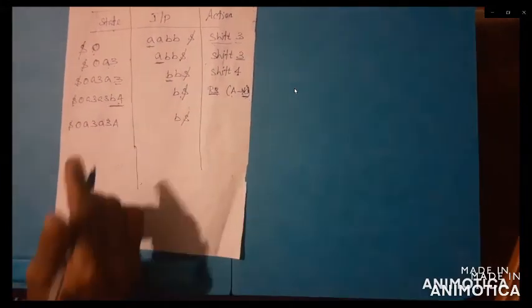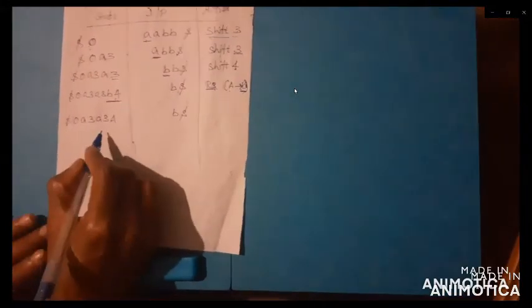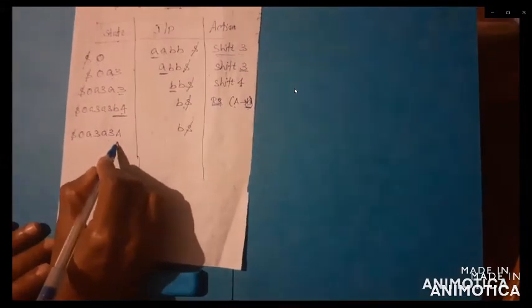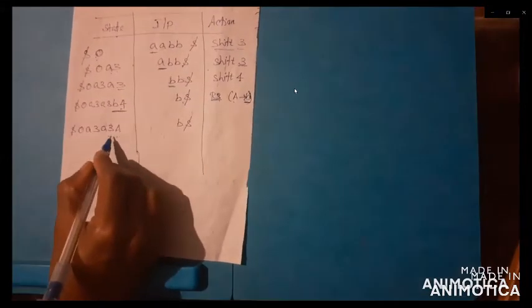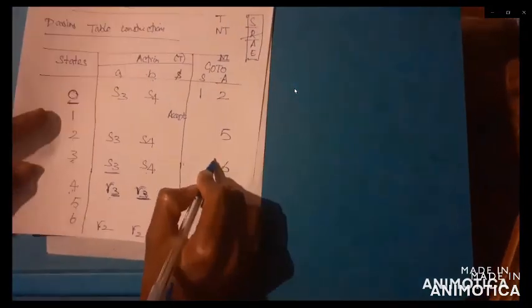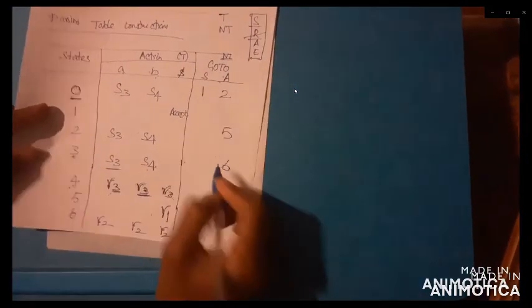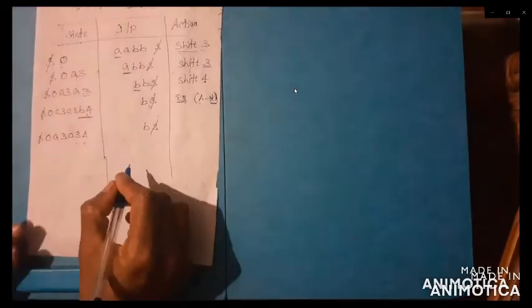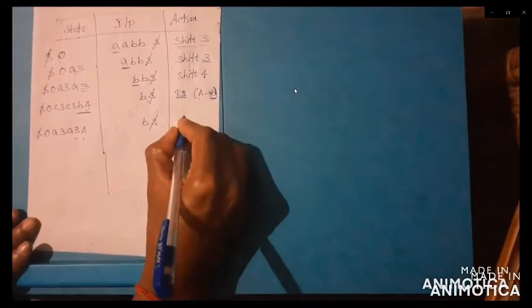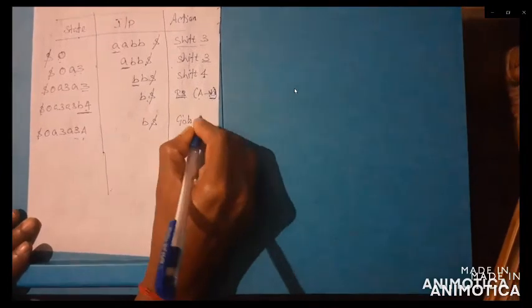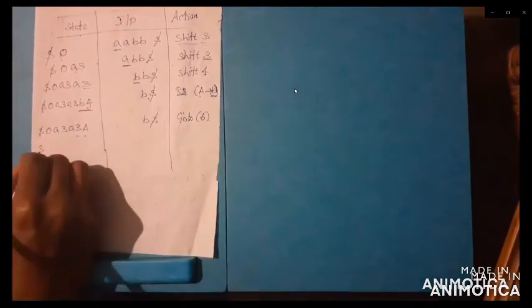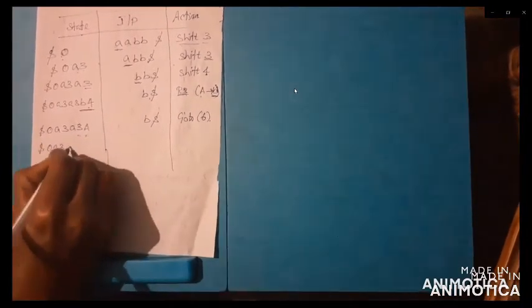Okay. Now you can check here also. What is 3A? 3A is 6. So 3A can be changed to 6. So $0 A 3A.